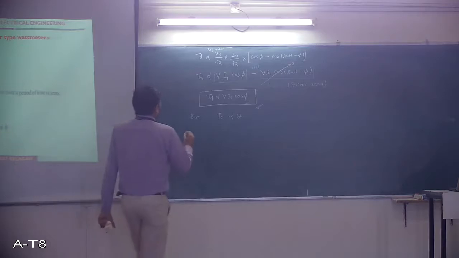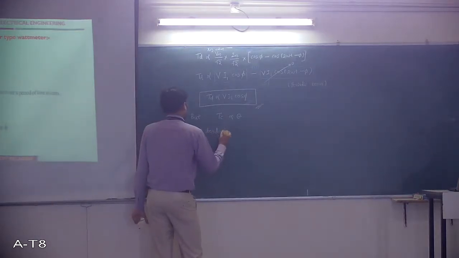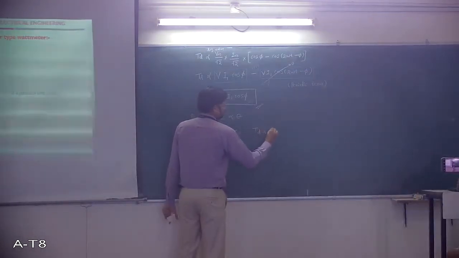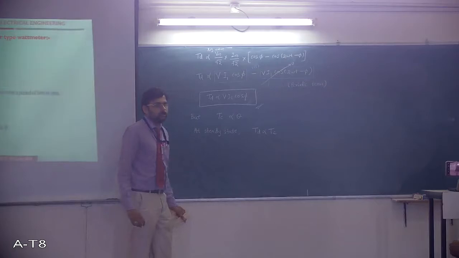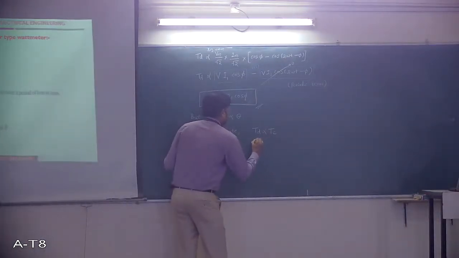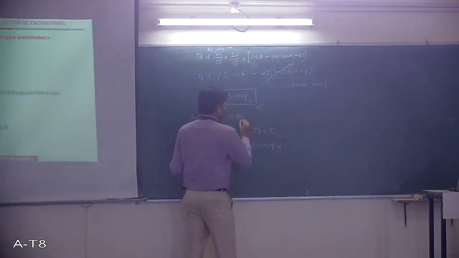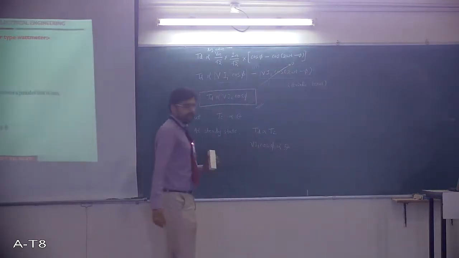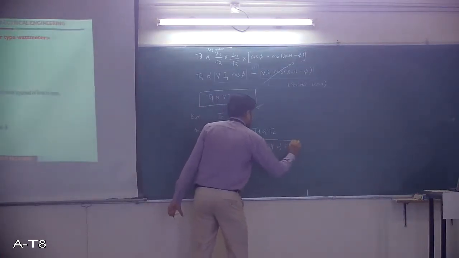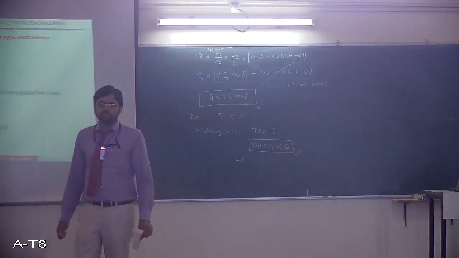So at steady state, your deflection torque is equal to the controlling torque, and hence deflection torque V I1 cos phi is proportional to the deflection made by the pointer theta. So whatever deflection is made by the pointer is proportional to the power consumed by the load.